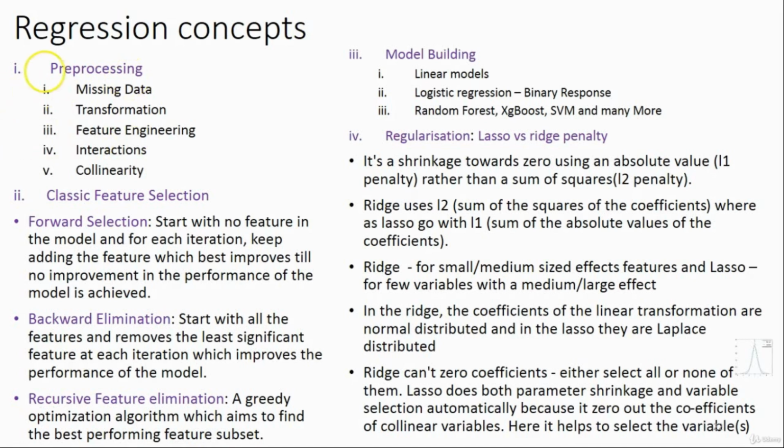Fourth one is interaction. Many models are smart enough to understand the impact of each and every feature one by one. But when two come together, then the impact is different. Let me explain. Many countries have different income tax rates for different kinds of people, as per your gender, as per your age, and so on.